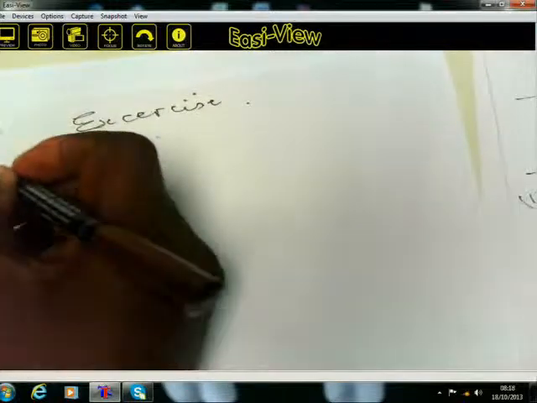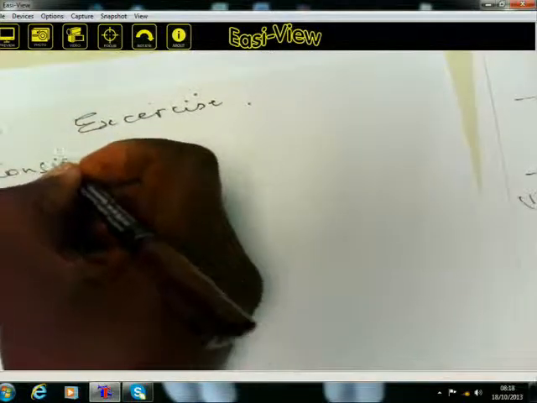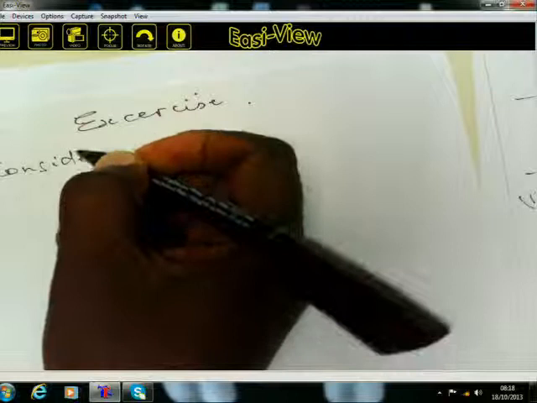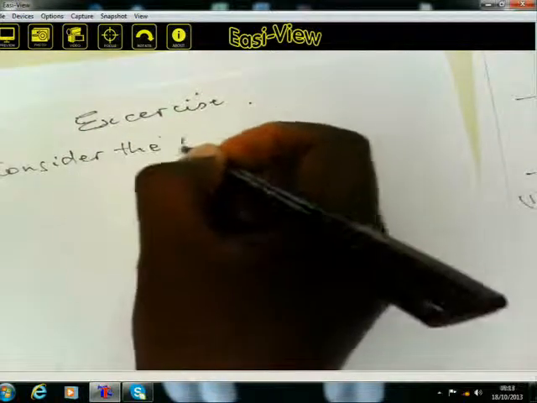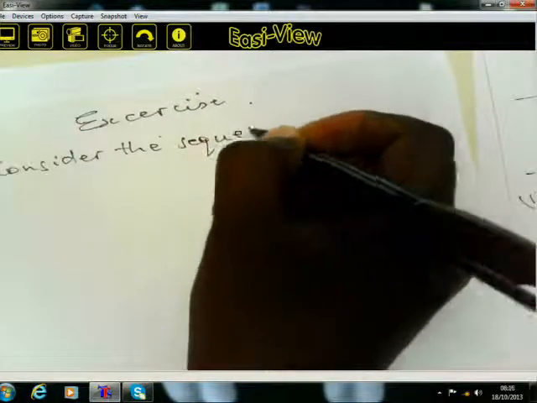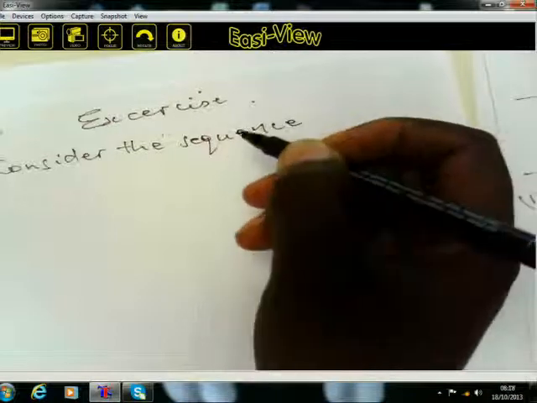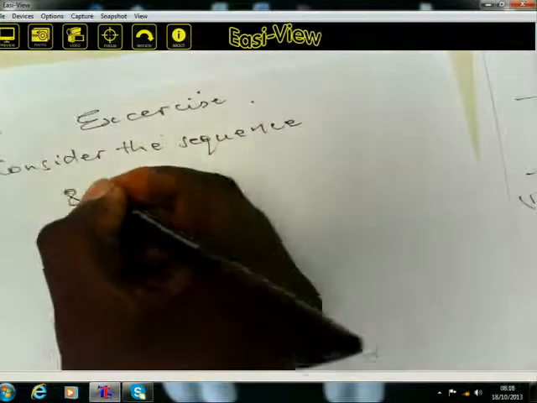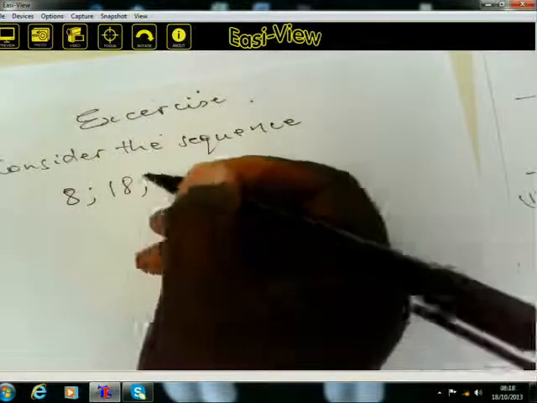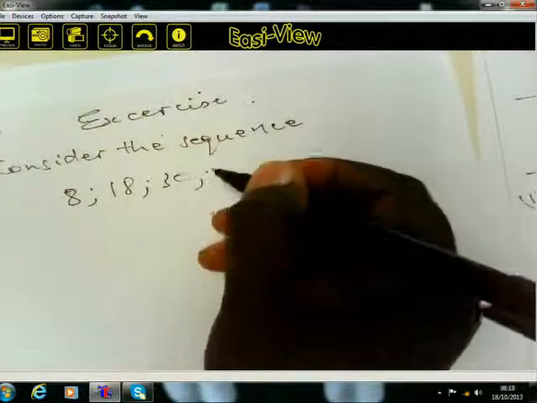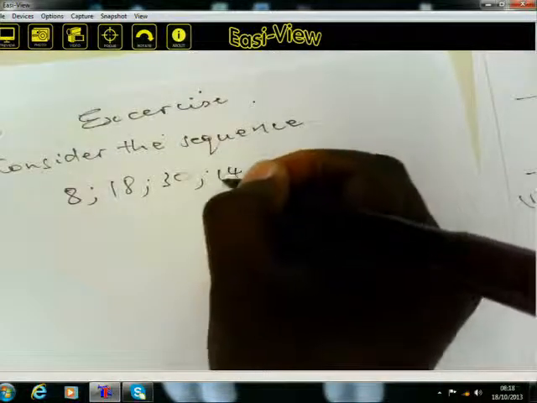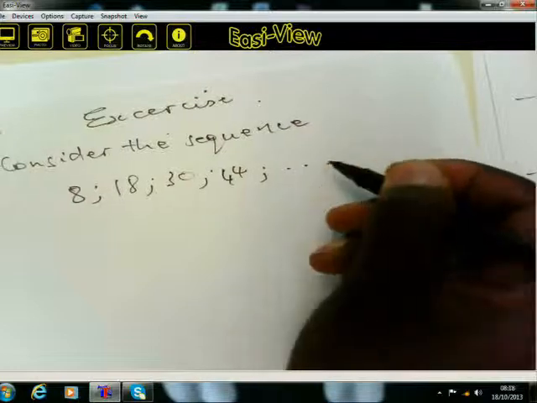It says, consider the sequence 8, 18, 30, 44, up to infinity.